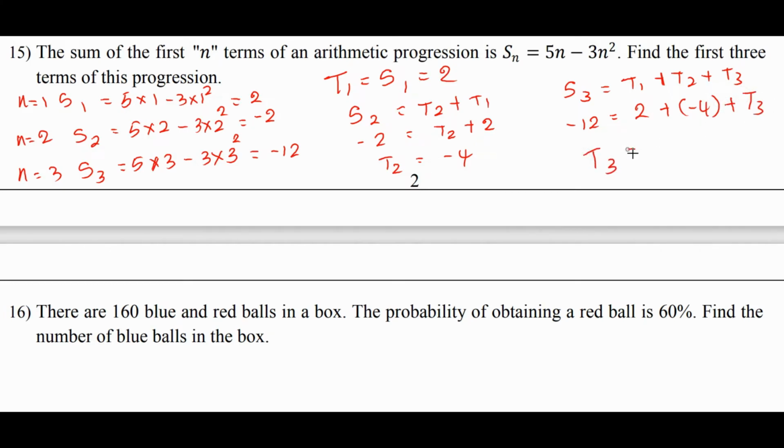Here you will get the value of T3 is equal to minus 10. Those are the values we are asked about, the first three terms of this progression. That's actually a good question. Let's try question number 16.